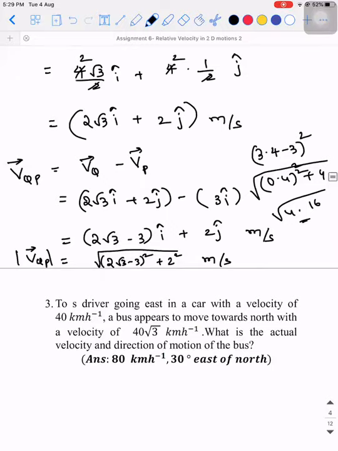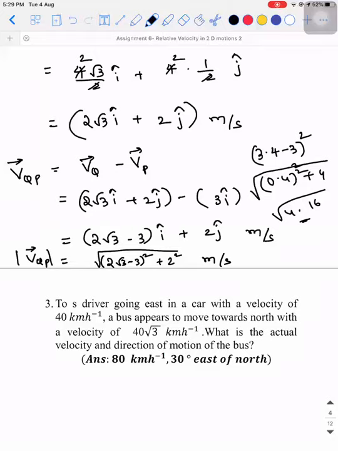Sir, can we resolve the components of VP, sir? You cannot, because you need not resolve the components of VP when it is along the x or y direction completely. You will only resolve those vectors which are neither completely along x direction nor along y direction.